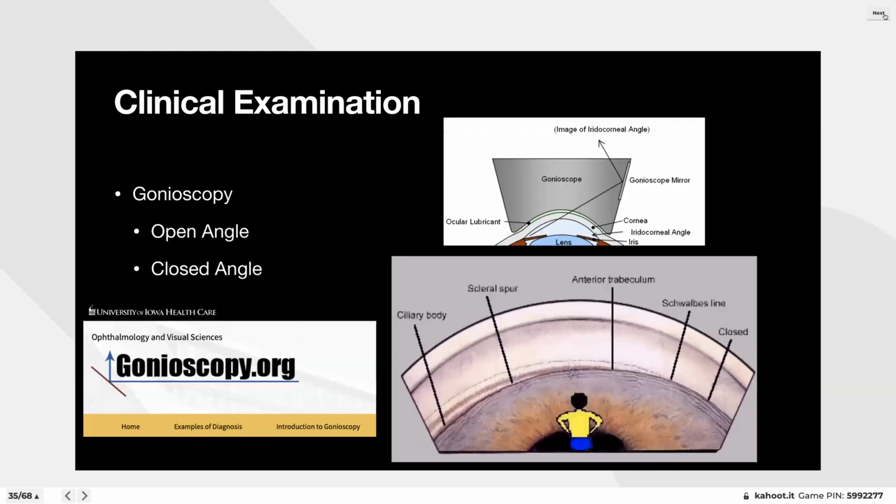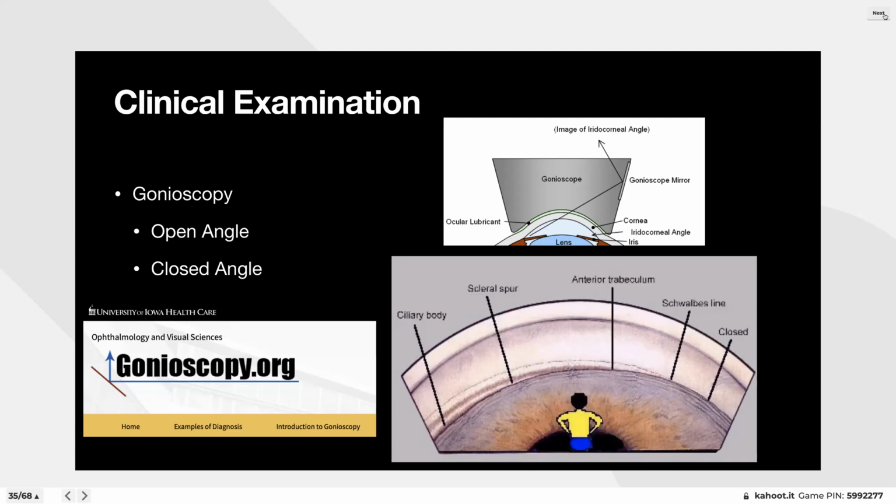So finally, we're going to talk a bit about gonioscopy. Gonioscopy is using lenses to look at that iridocorneal angle that we talked about earlier. This helps us deduce the type of glaucoma. So we do gonioscopy to determine if the angles are open or closed. Another reference I wanted to point everyone to is gonioscopy.org from the University of Iowa.